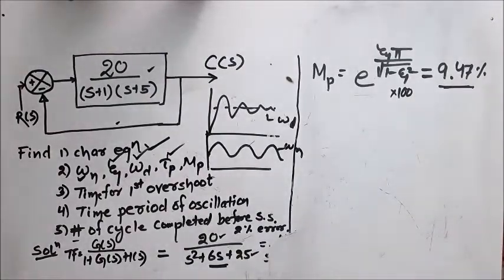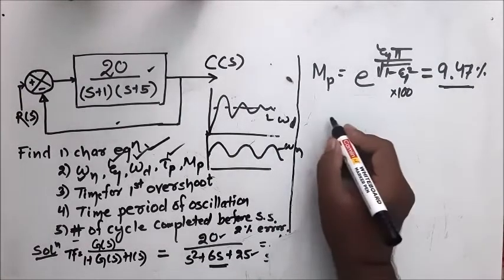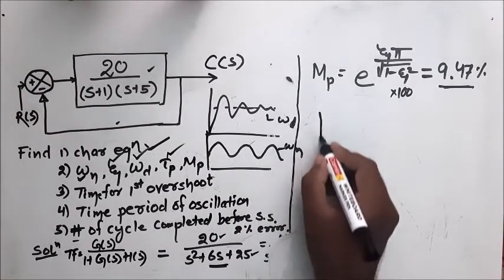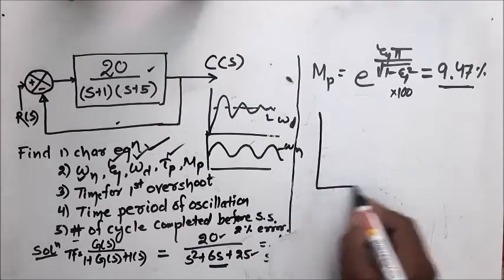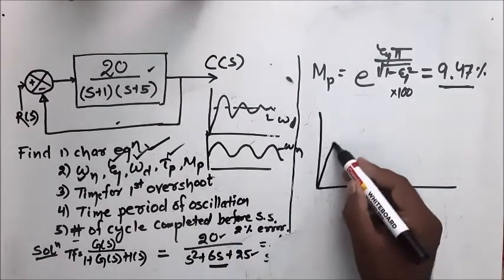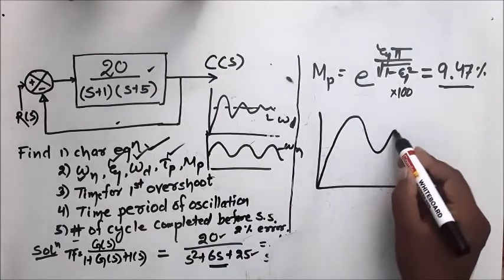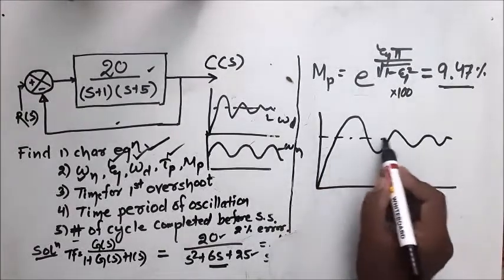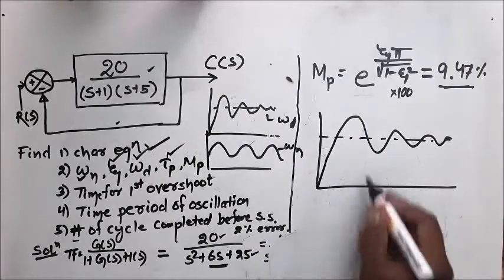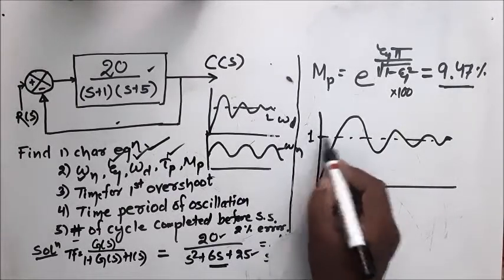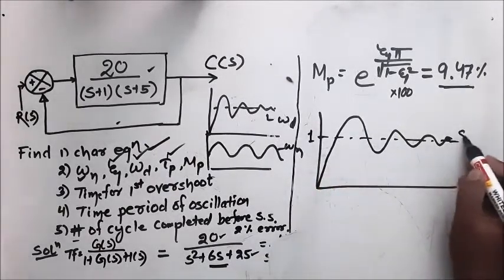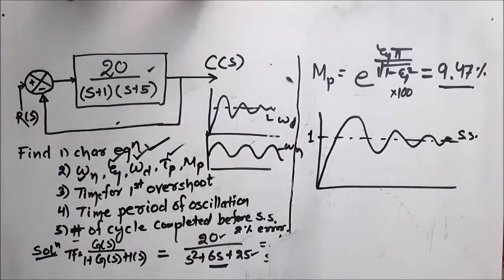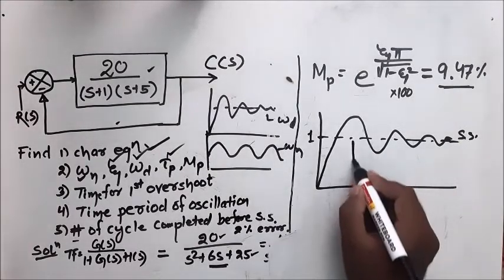So last class I may have made some mistake, I didn't remember, so just try to re-verify. So let's say this is the plot we actually get, and this is the desired value, this is 1, I mean the steady state value. So the maximum peak overshoot is this.